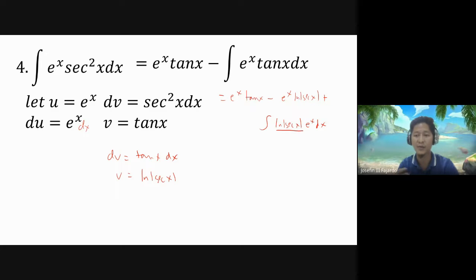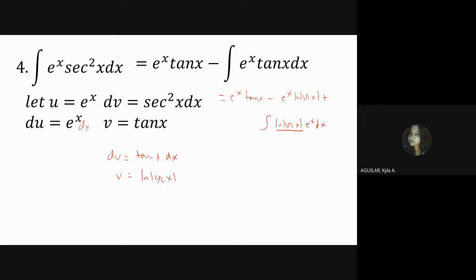Pwede rin may iba pang way on how we can integrate. So that's why we have these methods, the substitution method and the integration by parts. We also have another one later on that we can use to integrate some functions. Okay? Malinaw po.